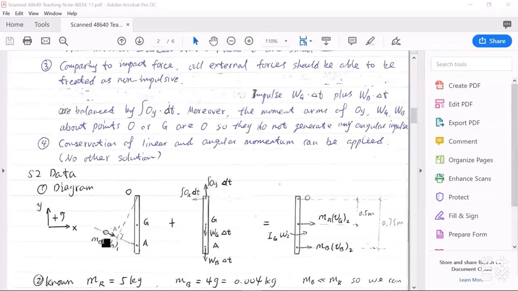The bullet's linear momentum is mb vb1. Here is the final momentum diagram.